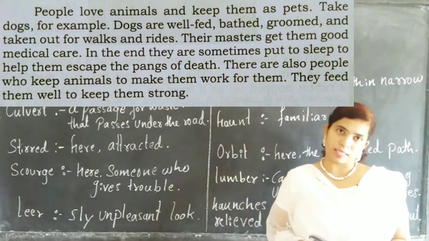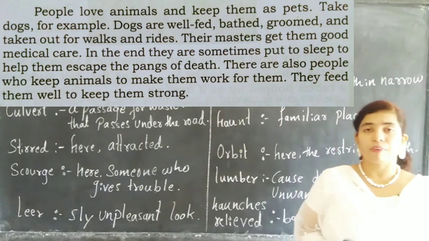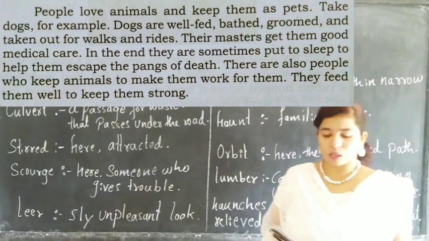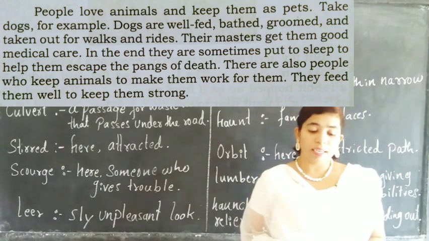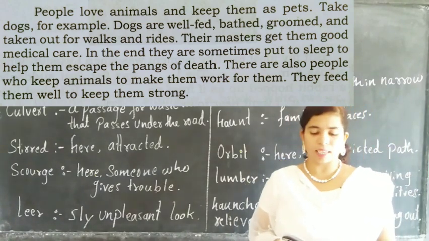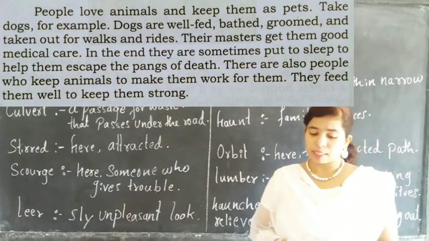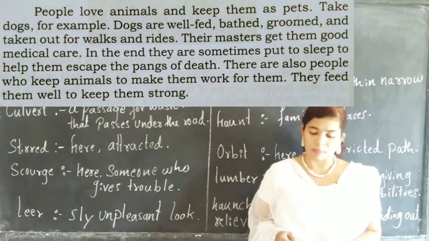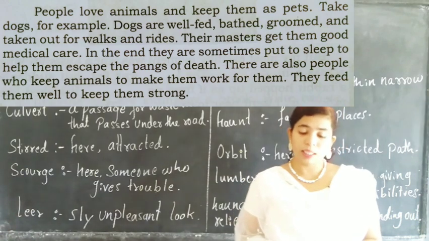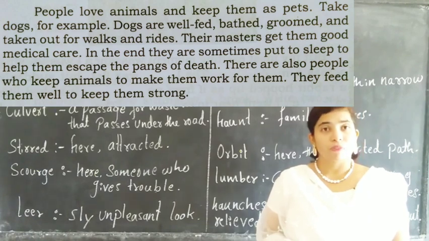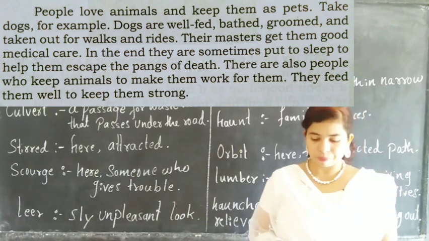Take dogs for example. Dogs are well fed, bathed, groomed and taken out for walks and rides. Their masters get them good medical care too. In the end, they are sometimes put to sleep to help them escape from the pangs of death.